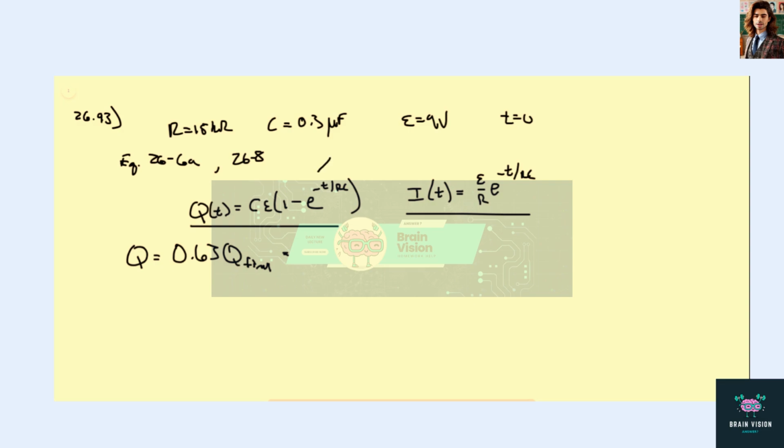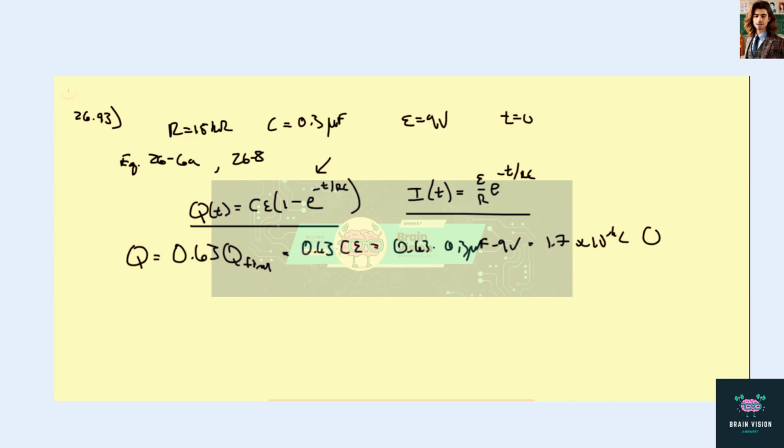For charge, you can see as t goes to infinity, this approaches just C times EMF. So this is 0.63 C times EMF. Now we can just plug those in: times 0.3 microfarads times 9 volts. And that comes out to being 1.7 times 10 to the negative 6 coulombs.